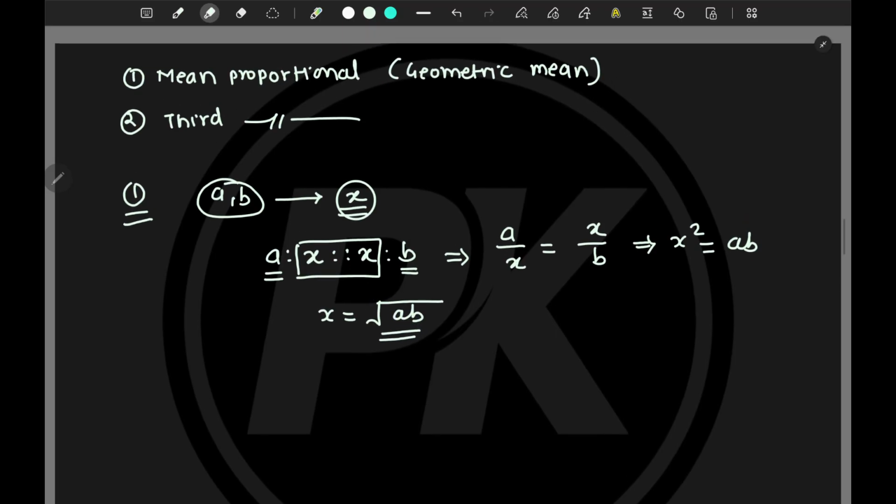So when in examination they ask to find the mean proportional, that is nothing but the square root of AB. You need not remember any formula, just remember the terminology: A is to X in proportion with X is to B, and then we can derive the formula in the examination.